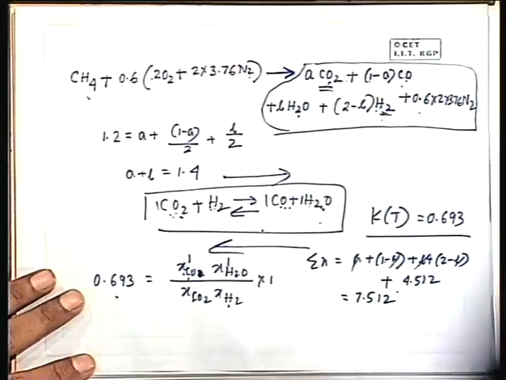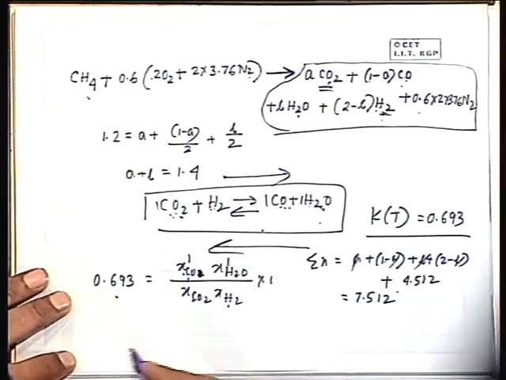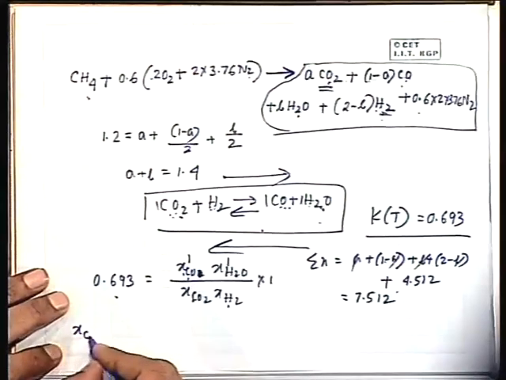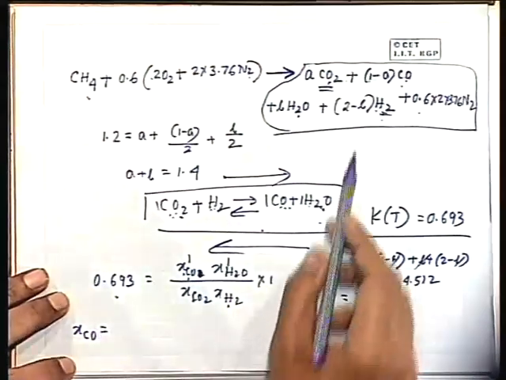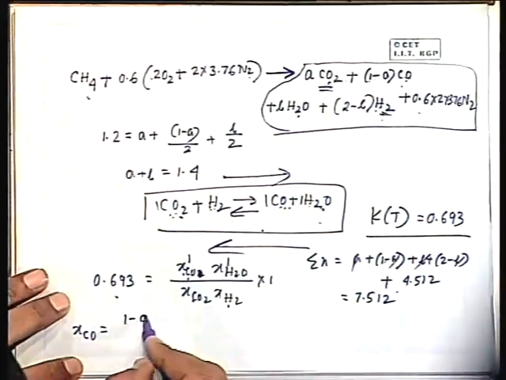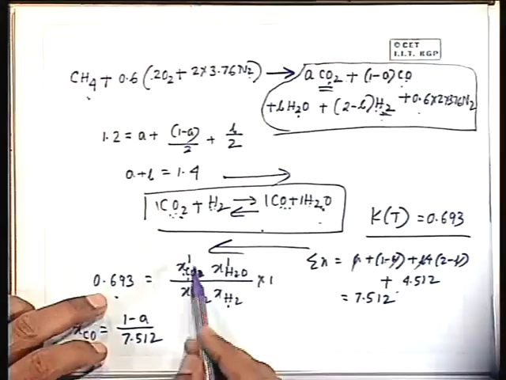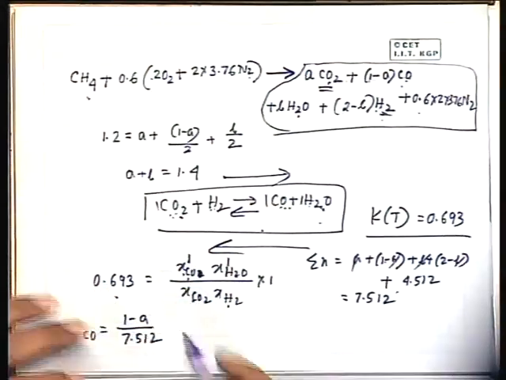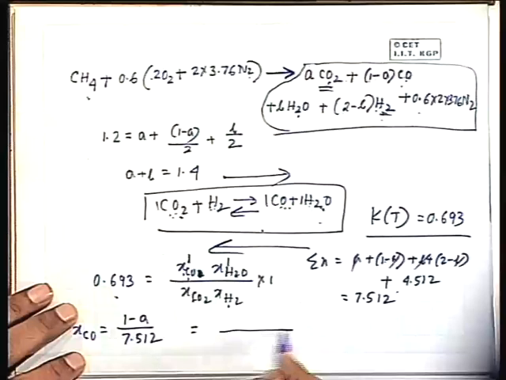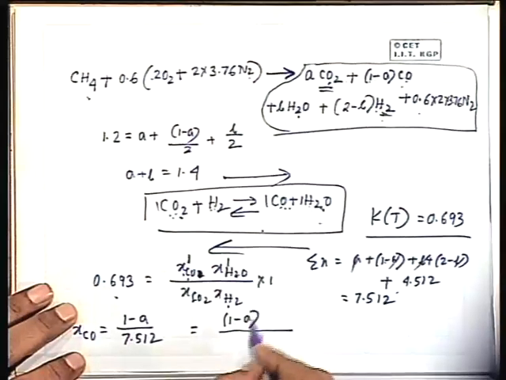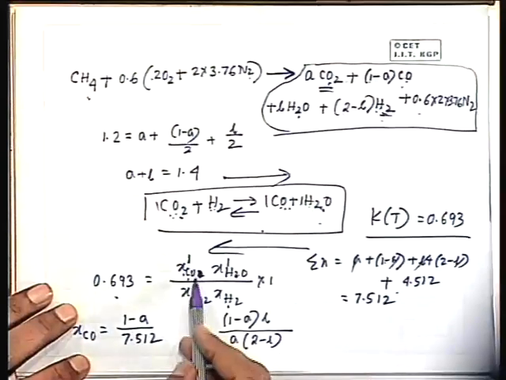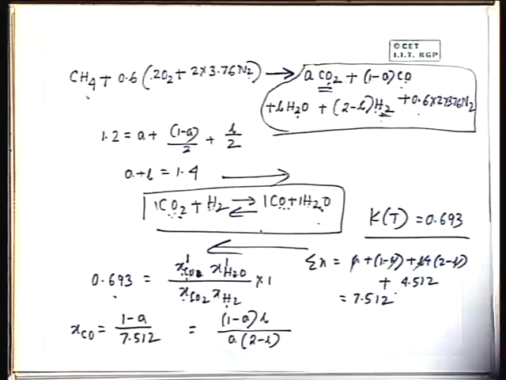Clear? So X CO is how much? CO is 1 minus A by 7.512. Actually 7.512 will cancel, because this is all to the power 1, only the moles we can write. So a clever boy will write this as 1 minus A into B divided by A into 2 minus B, because the denominators of all these are the same, the total number of moles.